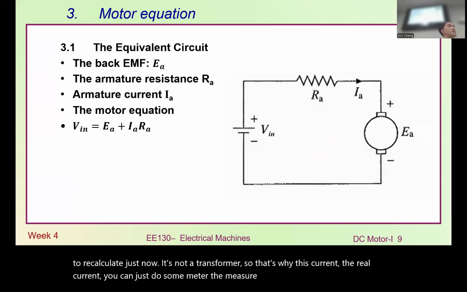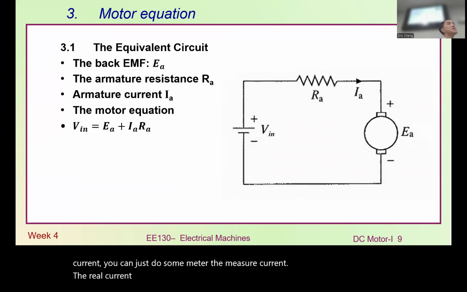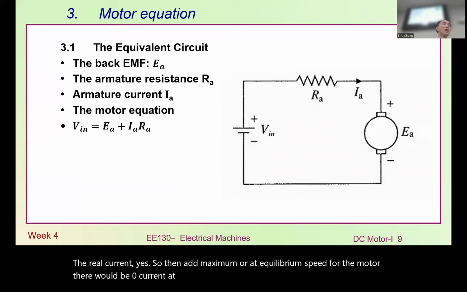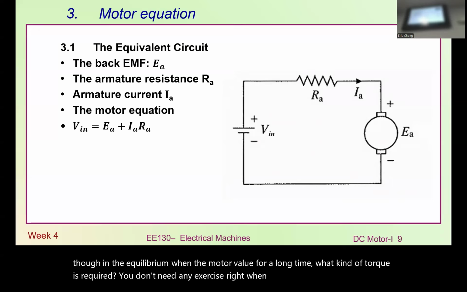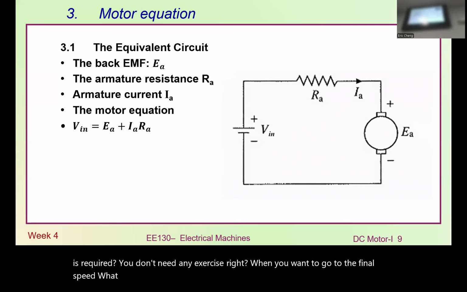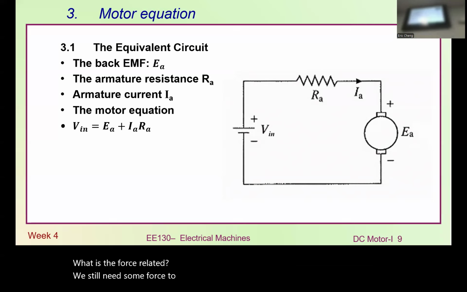The real current. So at maximum or equilibrium speed for the motor, would there be zero current at all? No. The torque is proportional to the current. Even in equilibrium, when the motor has been running for a long time, what kind of torque is required? You don't need any acceleration, right? When your motor goes to the final speed, what is the force related to? We still need some force to maintain this basic movement, like the frictional torque.